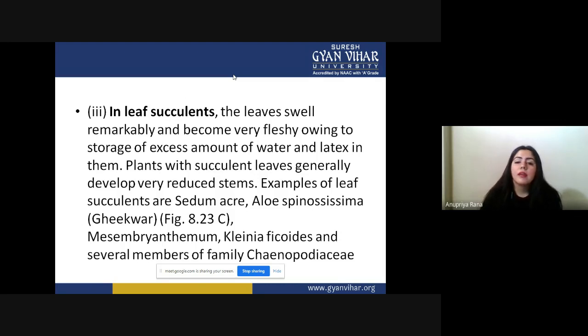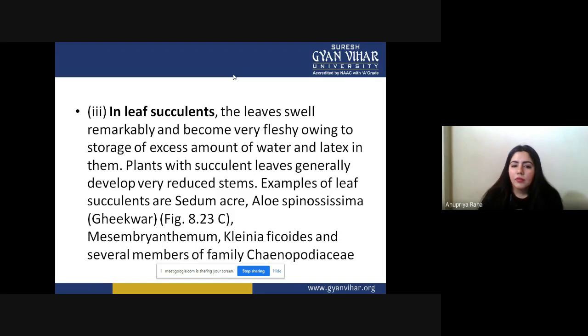Plants with succulent leaves generally develop a very reduced stem. If the leaf becomes succulent and stores water, the stem will be very reduced. The stem does not have a great tendency to develop when the leaf is succulent.